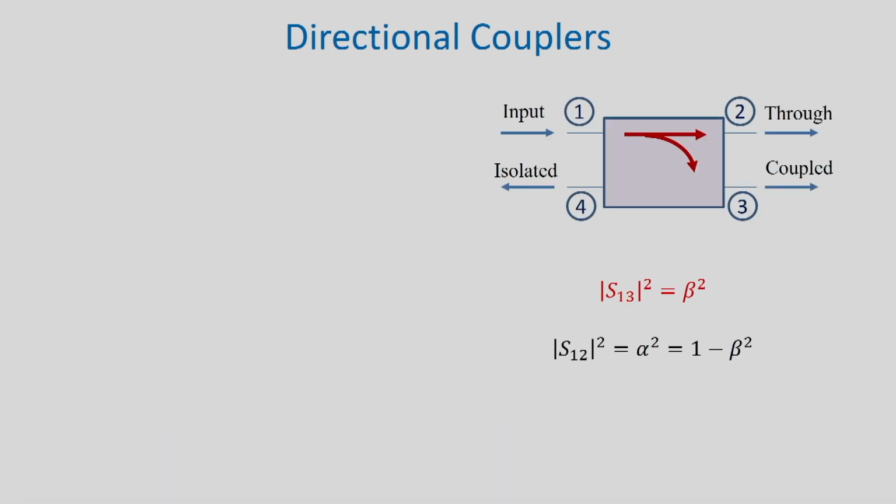So, we have magnitude of S13 square is equal to beta square, and then S12 square is alpha square, and that will be equal to 1 minus beta square.